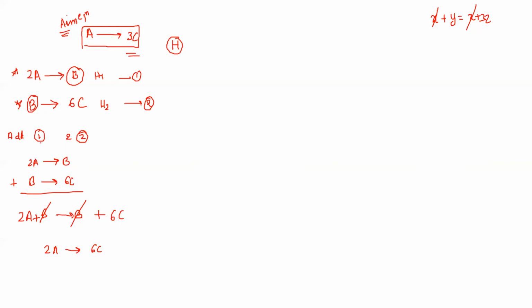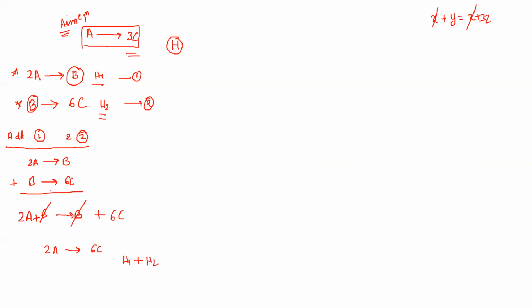And remember, whatever we do to the equations, we do the same thing to their enthalpies as well. If we have added equation number 1 and equation number 2, we are also going to add their enthalpies. So the enthalpy of this reaction is going to be H1 plus H2.